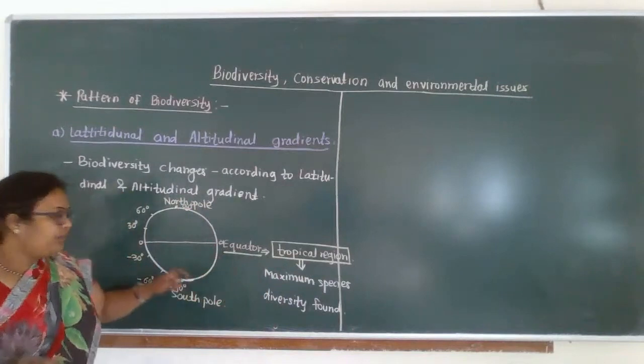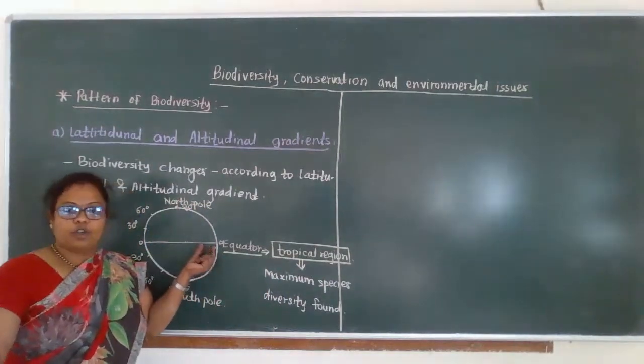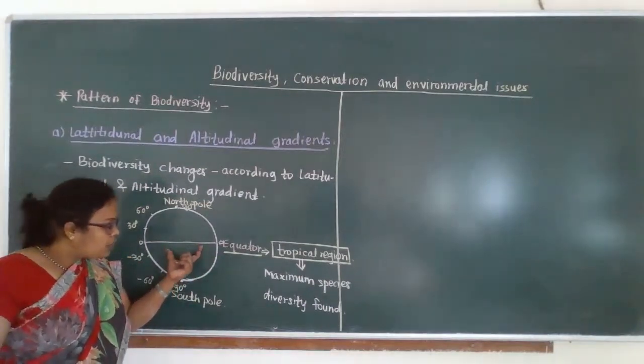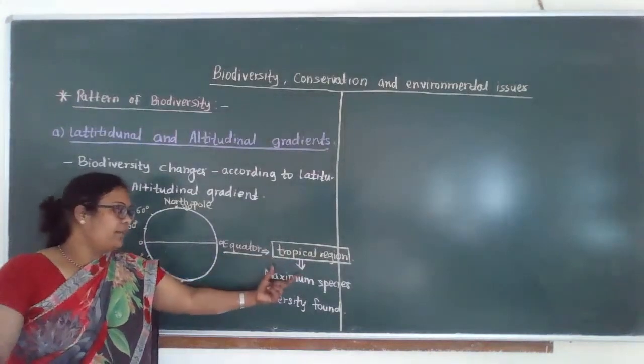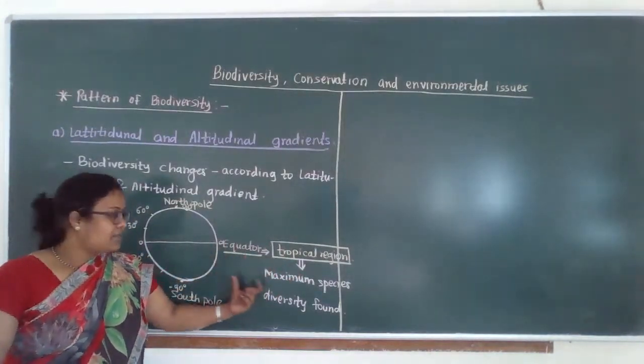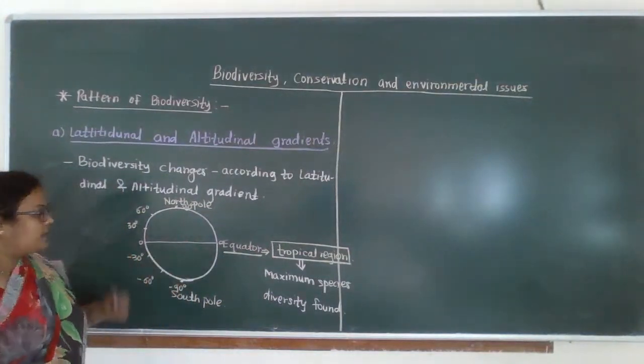So everyone is clear? Suppose this is our Earth, and this is the equator of the Earth. The equator of the Earth has a tropical region. This tropical region has maximum species diversity.